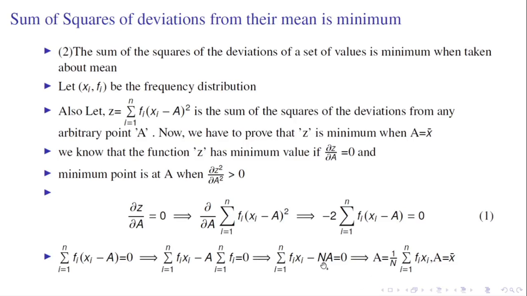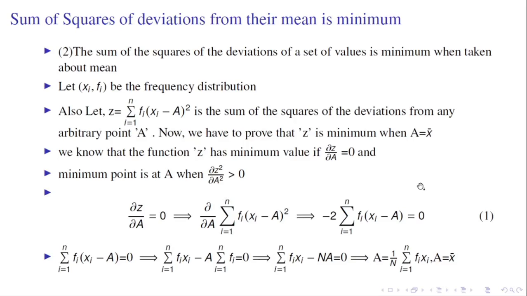This n divides here. So a is equal to 1 by n summation fi xi, nothing but mean. So a is equal to mean. When a is equal to mean, this function has minimum value.